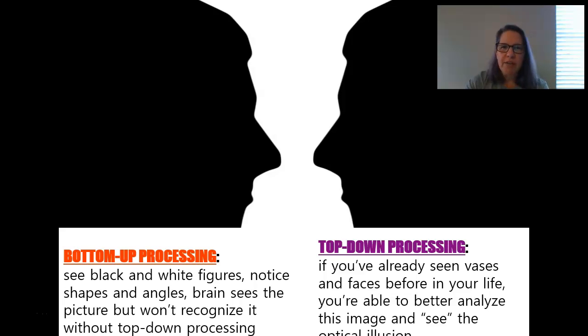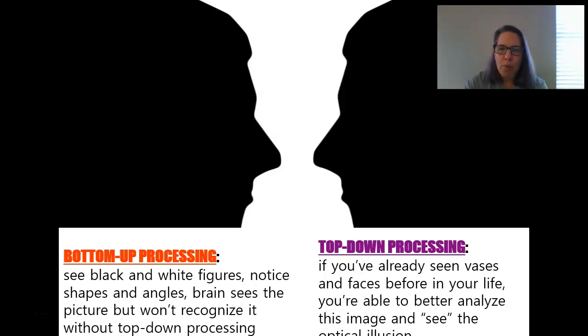All right, so here's another image, and the thing that I think is really cool about this unit is that we get to analyze a lot of different optical illusions, and here is an optical illusion that you may have seen before. So if we're using bottom-up processing, you might see black figures, you might see white figures, you might notice shapes and particular angles, but you might not recognize it without using top-down processing.